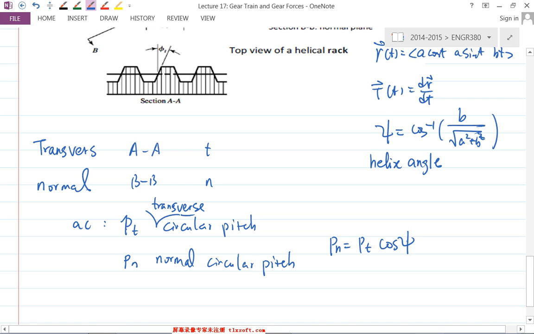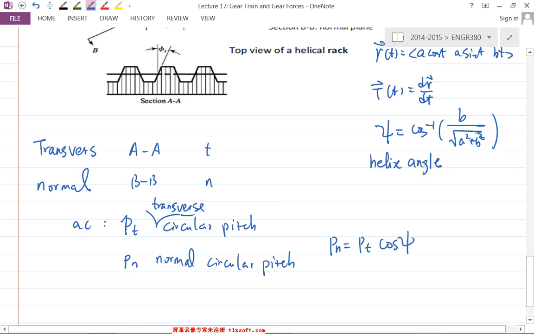Helix angle can be different angles: 10 degrees, 12 degrees, 20 degrees, 25 degrees. It doesn't matter. But you can imagine a higher helix angle means the helix will be inclined at a much larger angle. So there will be more capacity, or more engagement, between the two gears.